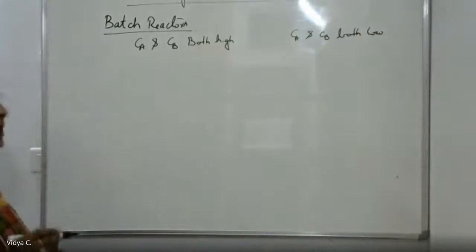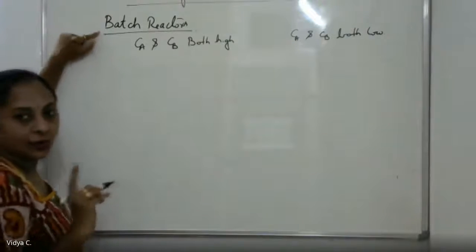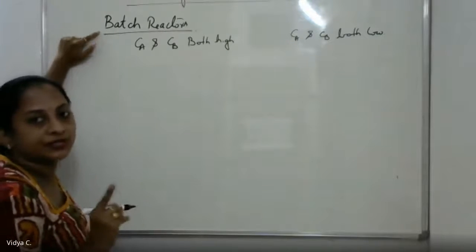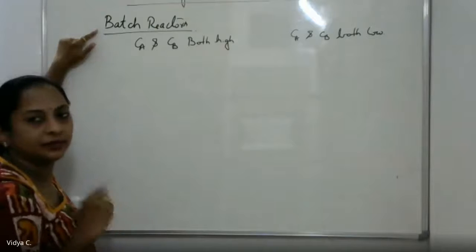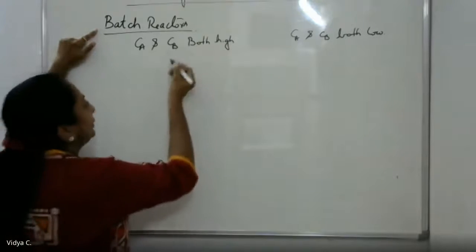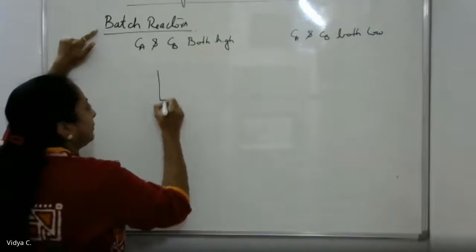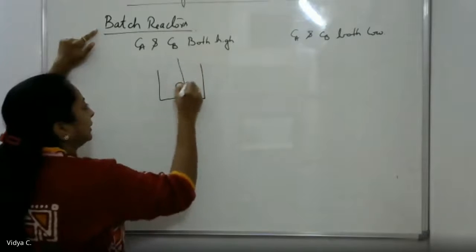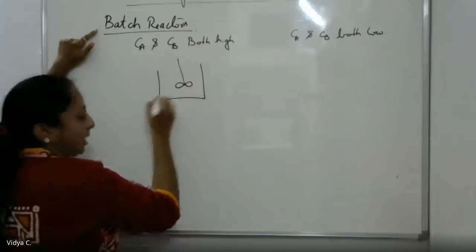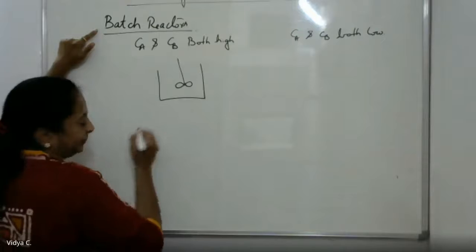If I am going with the batch reactors, I'm not going with the flow reactors. This is first with the batch reactors, then we will study the flow reactors. So if I want to have a batch reactor with CA and CB both high, A and B are taken at once into the reactor.